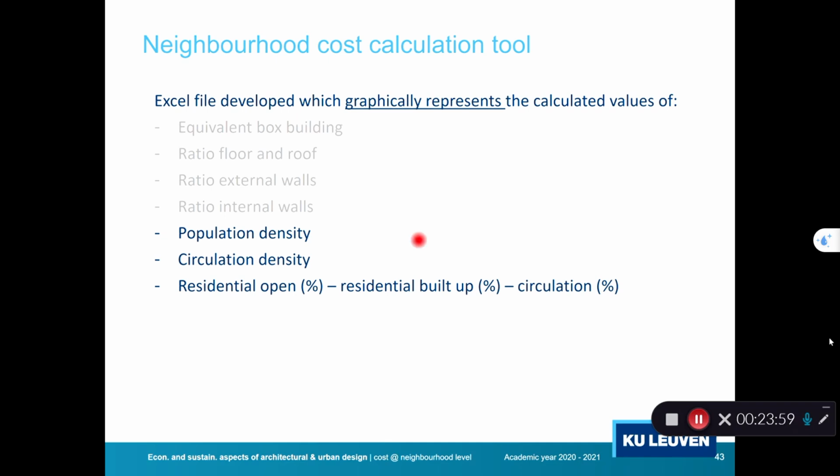So the sum of all of these is 100%. That's the circulation, that's the other part. And from the residential part, we look at the part that is built up, so where we have a building, and which part is the garden, the backyard of the building, which is open, so the gardens, let's say.